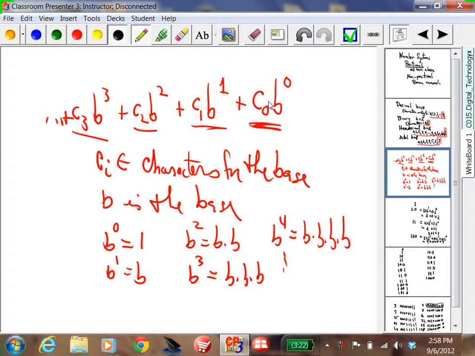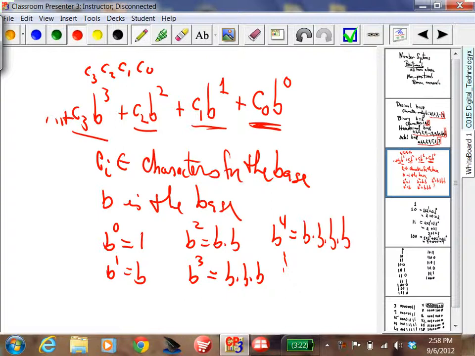So 2 to the 0 is, you see, this is the way we write them, but if I wanted to write this number down, I wouldn't write all this. I would just write C0, C1, C2, C3. That's all I would write down.